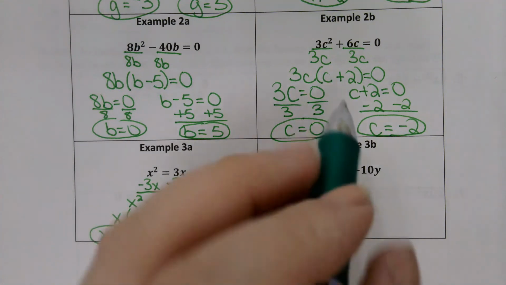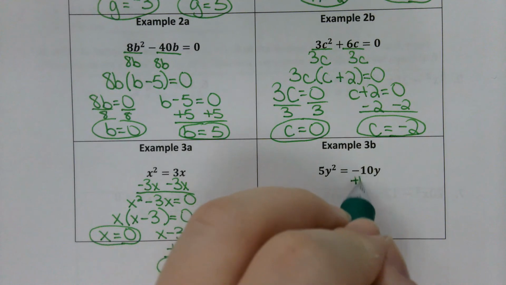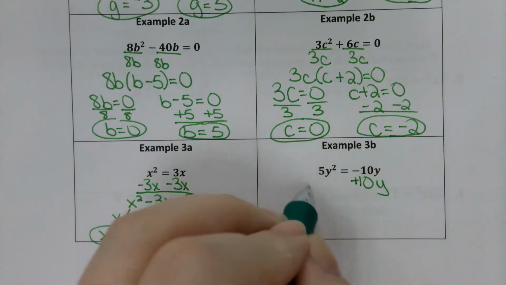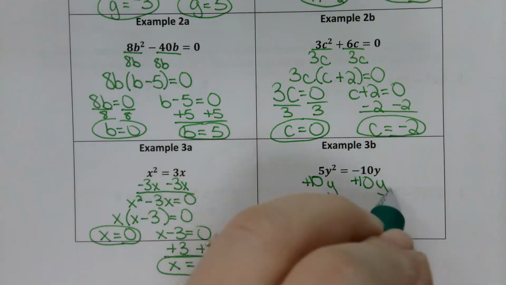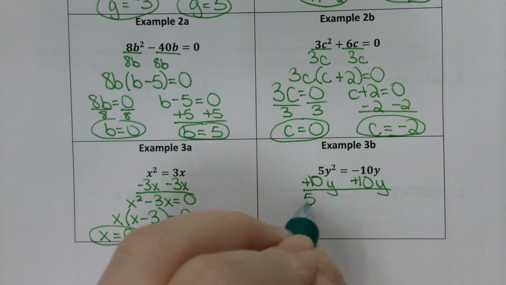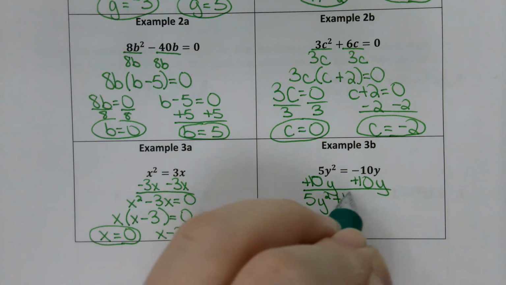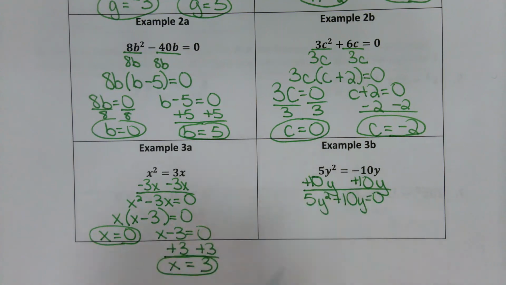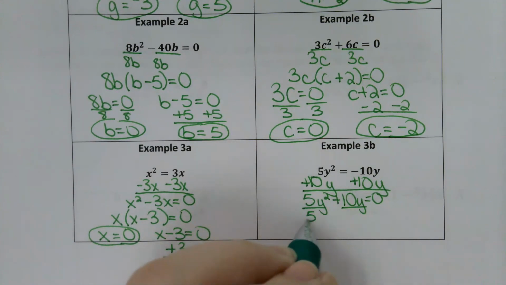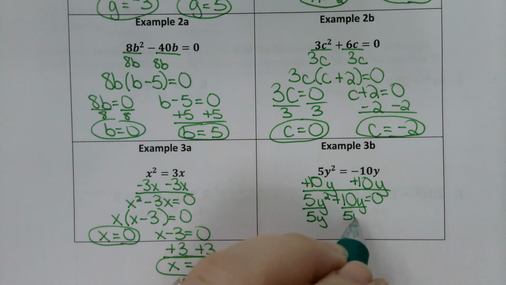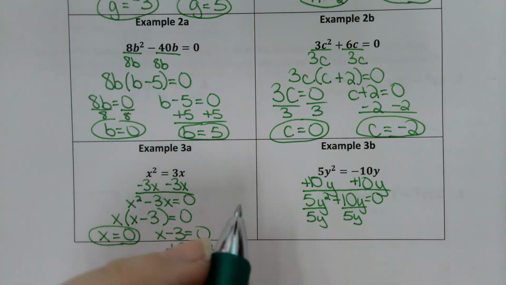Last example. We'll need to add 10y to both sides so that we can keep the 5y squared positive. We have 5y squared plus 10y equals 0. Then we'll divide by 5y on both sides.